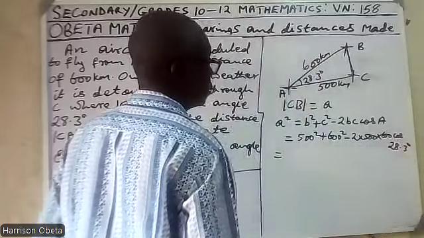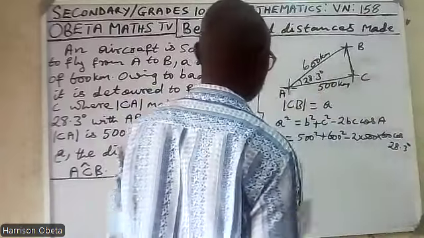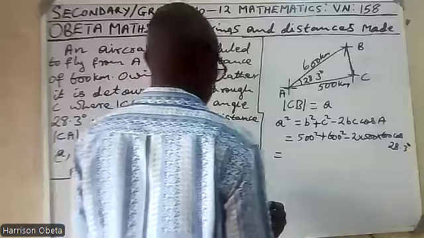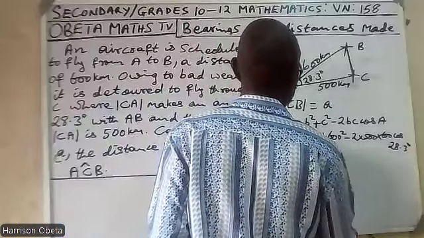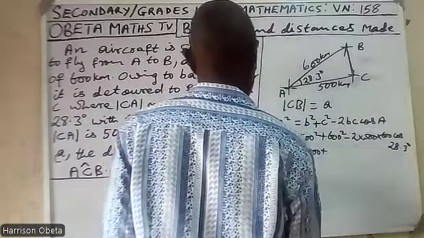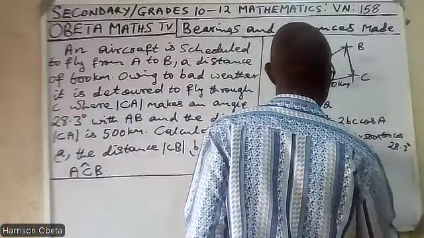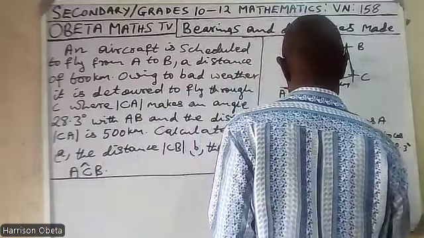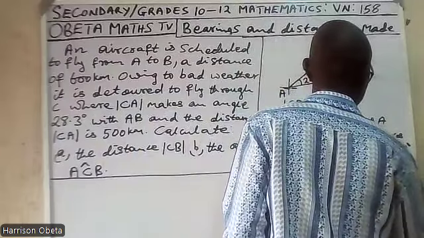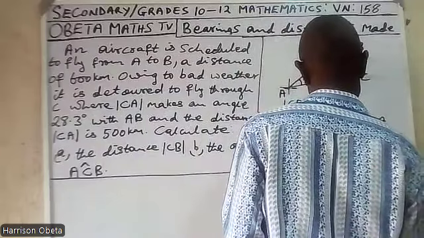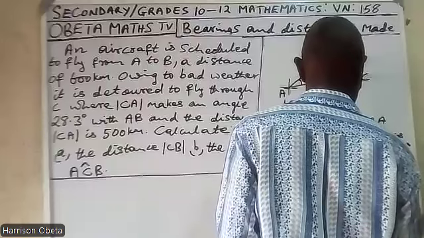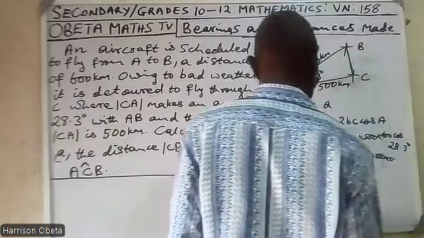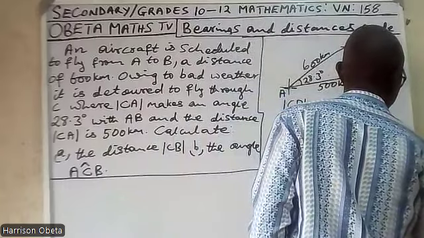So that will give us, we'll quickly check, and that will give us 250,000 plus 360,000 minus 600,000 times 0.8805.